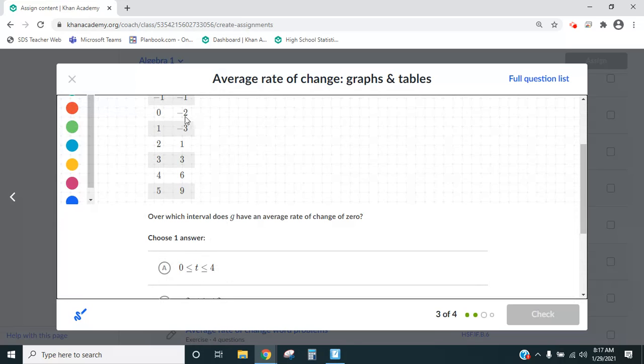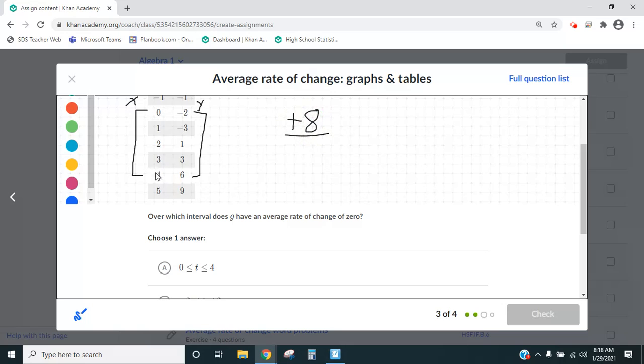0 to 4, is this right? So they're saying from 0 to 4 is the average rate of change 0. No, it's not. If we wanted to figure out what it would be, we would do it this way. We'd say from negative 2 to 6, what happened to the y's? Remember, these are the y coordinates, these are the x coordinates. Well, it went up 8, right?